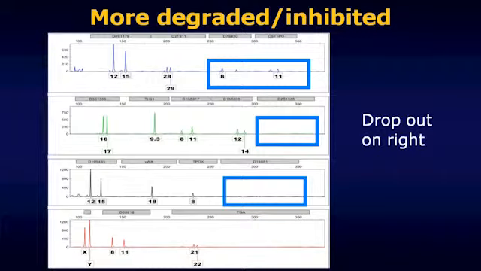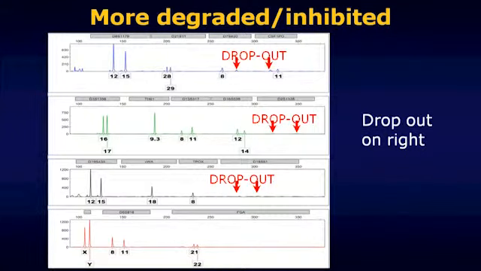And with degradation and inhibition, dropout can easily occur, particularly for the loci that give rise to peaks on the right-hand side of these electropherograms. If you don't recall from the previous two slides, there are alleles that were present in the less degraded sample that simply are not showing up now in this more degraded sample. These arrows will help you see, or perhaps refresh your memory as to where those peaks were.